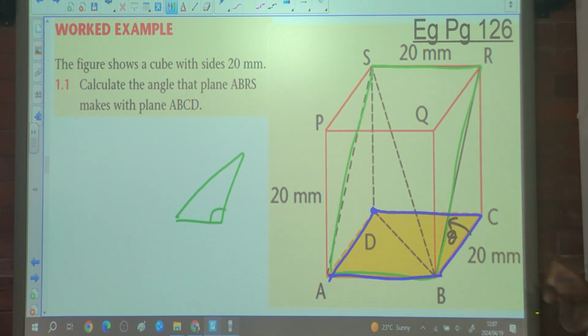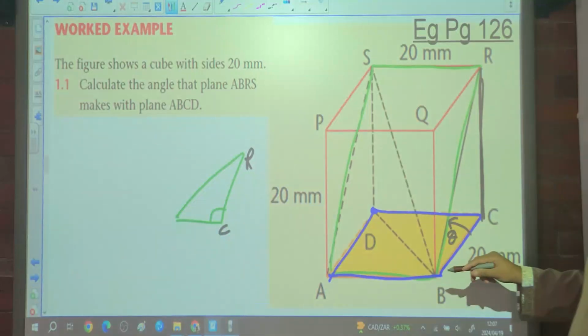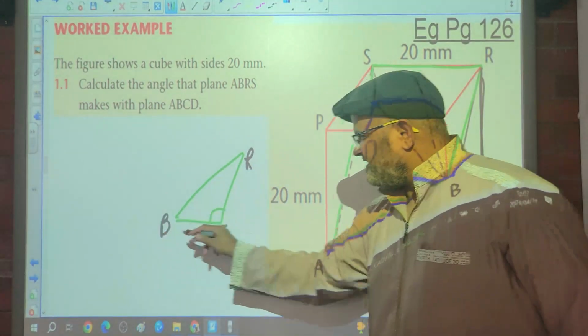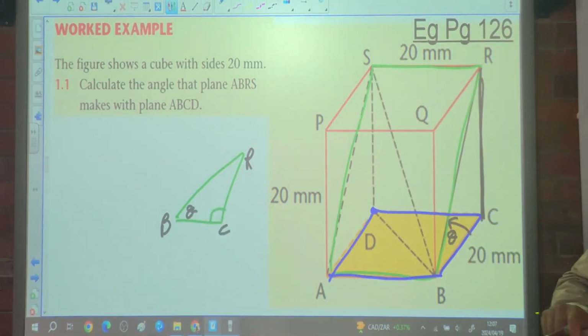That is the angle they want you to work out. So in other words, this length here is CR, then this is BR, and this is angle theta. You see that, people?